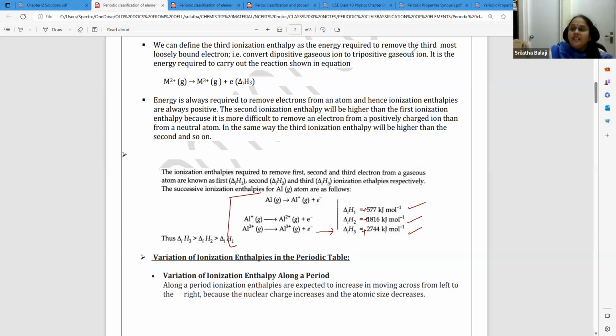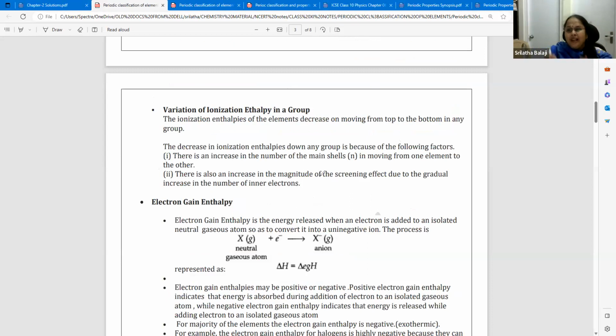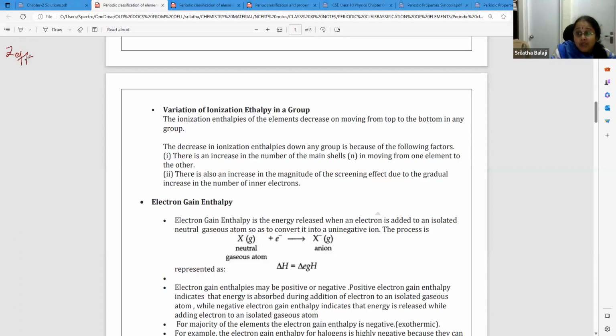Then variation of ionization enthalpy across a period and down the group. Now you tell me. Yesterday I told you to keep that first, Z effective. I told you to keep this chart ready. How is Z effective varying across a period and down the group? Across a period, Z effective increases.